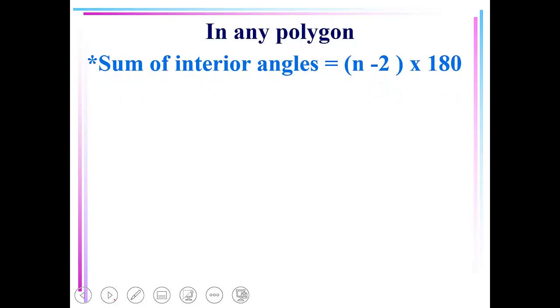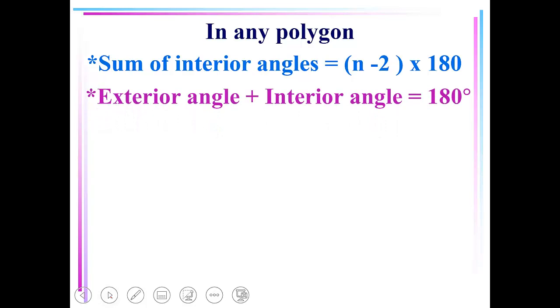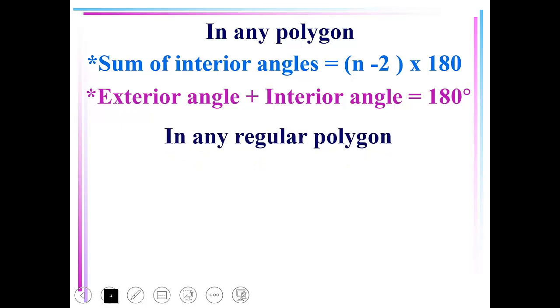So let's go and see some rules again. In any polygon, we said that the sum of interior angles is equal to (n minus 2) between brackets times 180. An exterior angle plus an interior angle sharing the same vertex is equal to 180 degrees.